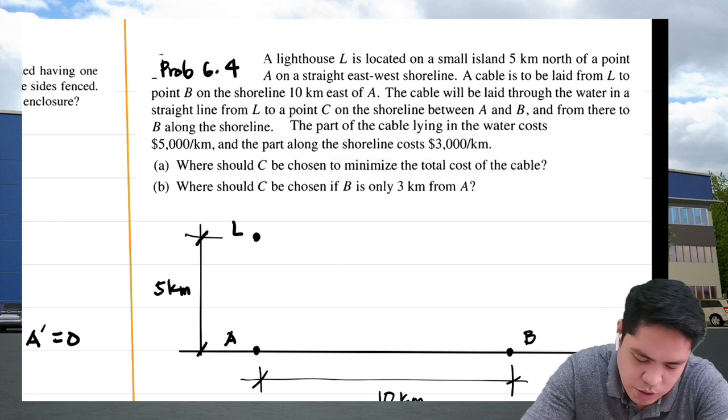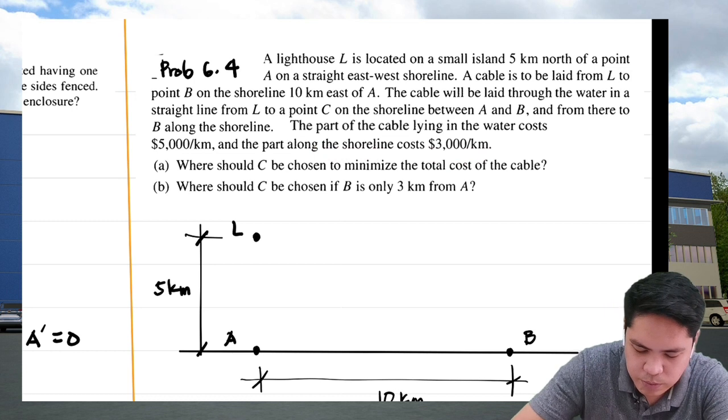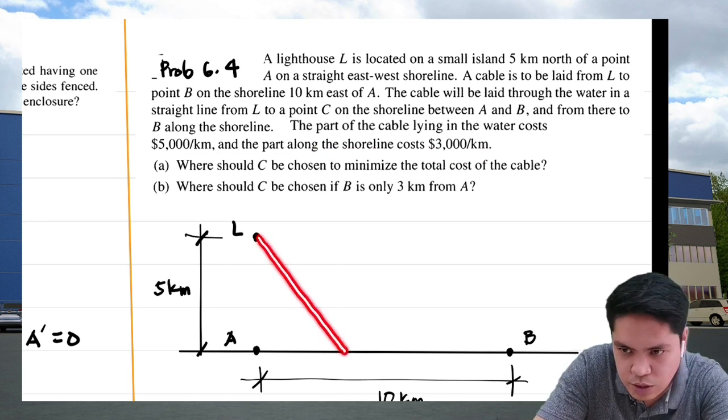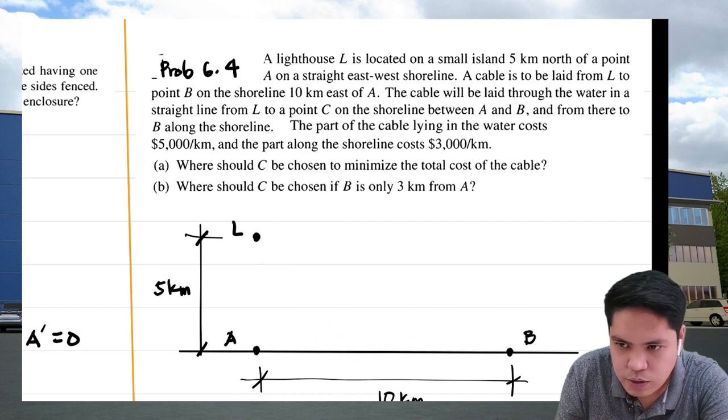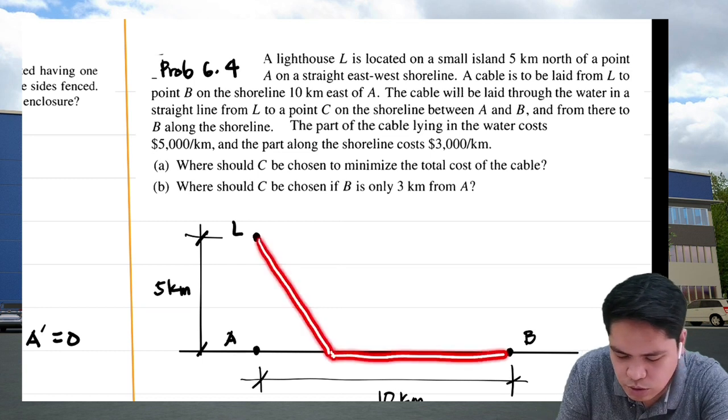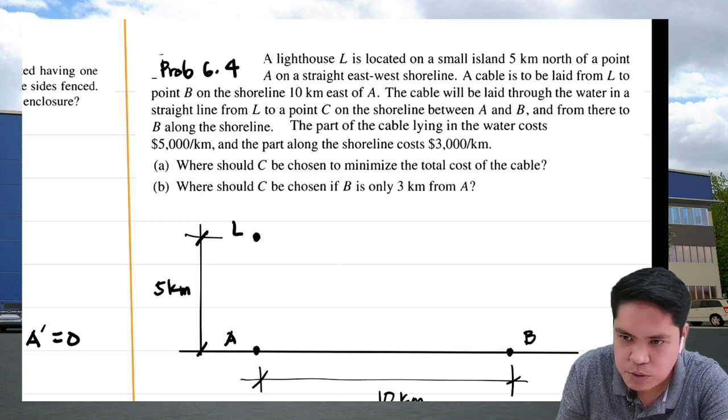So meaning mas mahal yung cost pag maglay ka, ipadaan mo siya sa water. Then mas mura dito. Okay? Kasi $5,000 per kilometer yung cost, dito naman is only $3,000 per kilometer.